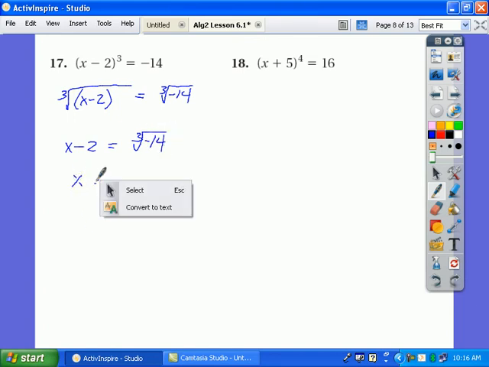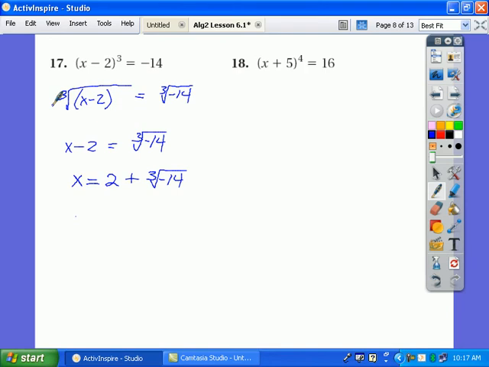We add the 2, x equals 2 plus the cube root of negative 14. And there's no number times itself 3 times to get to be negative 14. So we can just leave it like that. Notice there aren't 2 solutions here. There are not 2 solutions here because we're taking an odd-powered root.